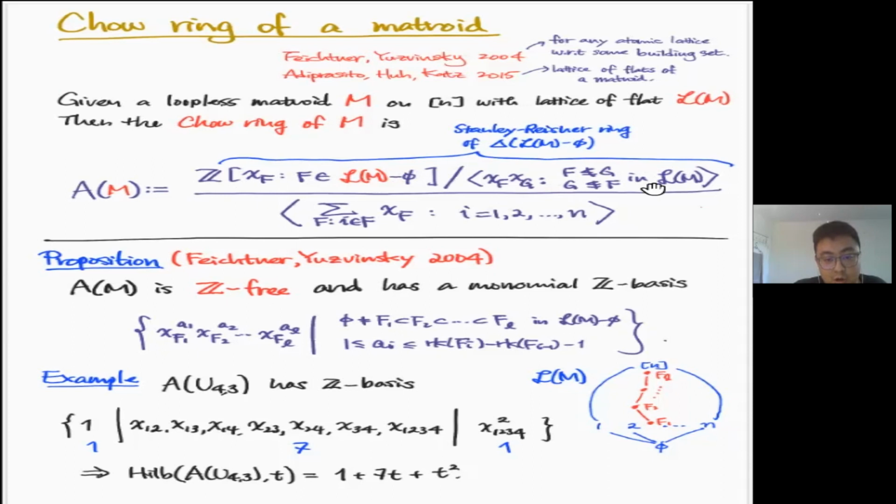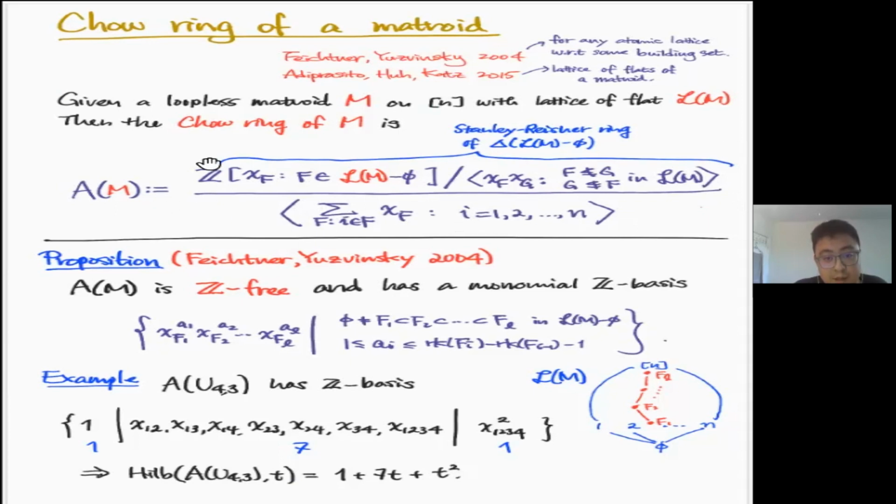The numerator looks complicated, but it is actually the Stanley-Reisner ring of the order complex of L_M with the empty set removed, and then you mod out by some linear forms.